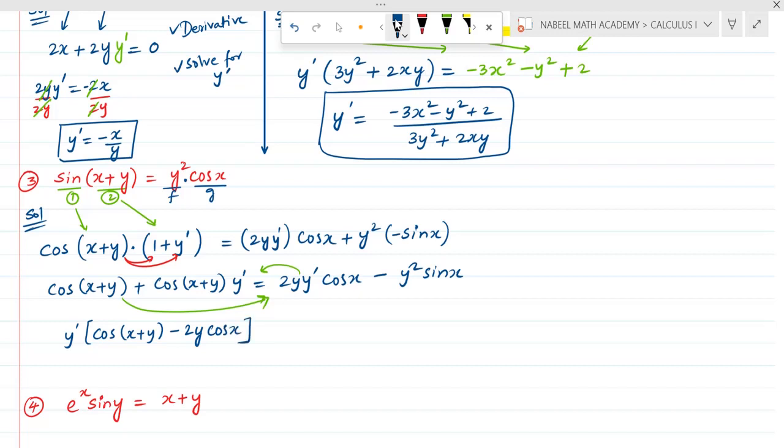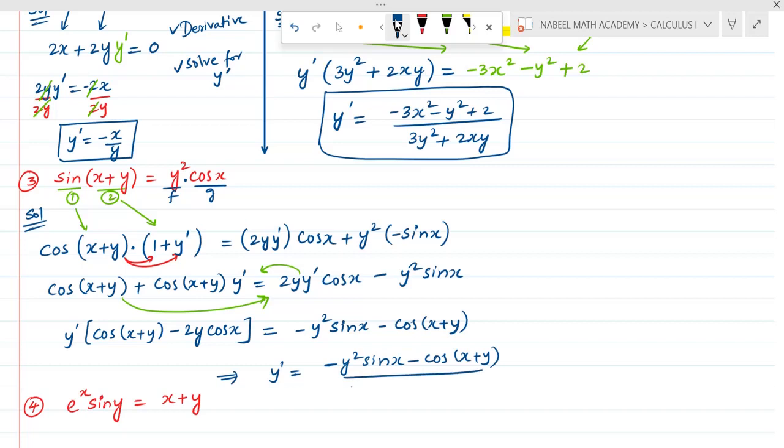I am taking the y prime common, equal to minus y square sine x, and the same thing: if you move this part to this side, it becomes minus cosine x plus y. The next step I will divide. So y prime is equal to minus y square sine x minus cosine x plus y over cosine x plus y minus 2y cosine x. This is the answer.